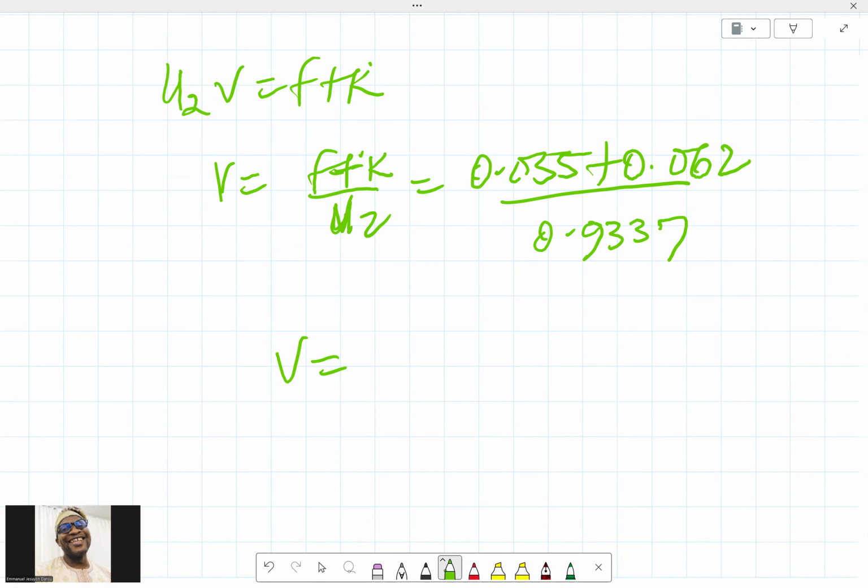So V is equal to 0.117, just divided by 0.9337.